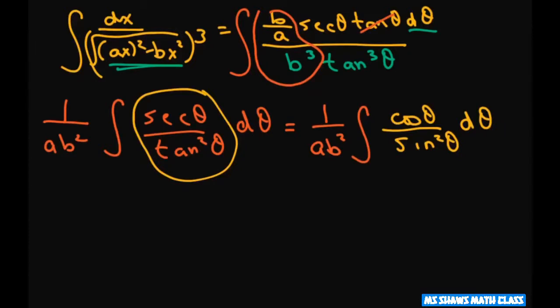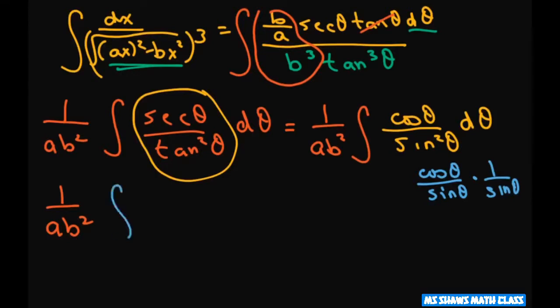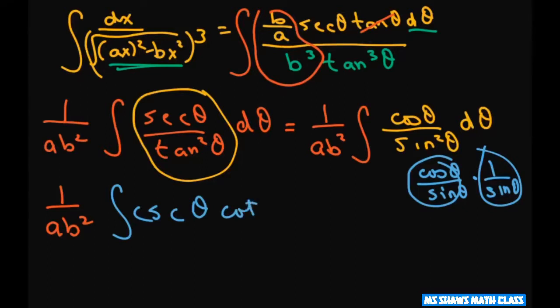If we want to integrate this, the best way to do it is write this as cosine theta divided by sine theta times 1 divided by sine theta. So this piece is just going to be cosecant of theta, and this piece is going to be cotan theta d theta.